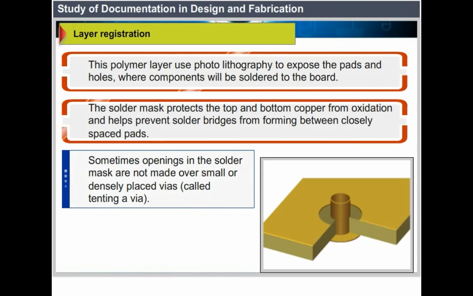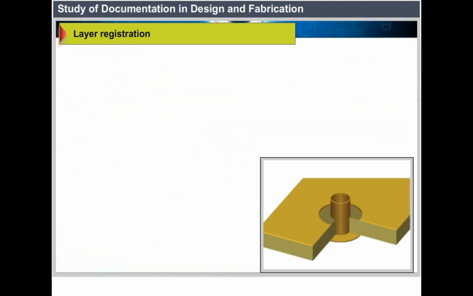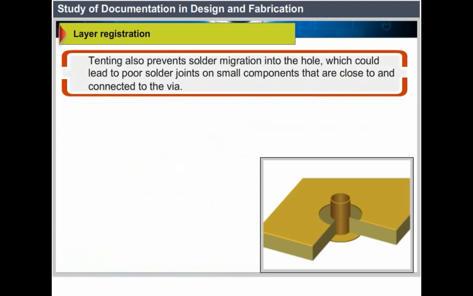Sometimes openings in the solder mask are not made over small or densely placed vias, called tenting a via. Tented vias are protected from having chemicals such as flux from becoming trapped inside the hole. Tenting also prevents solder migration into the hole, which could lead to poor solder joints on small components that are close to and connected to the via.